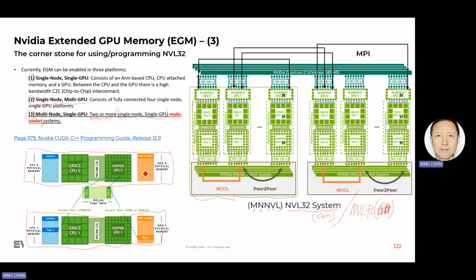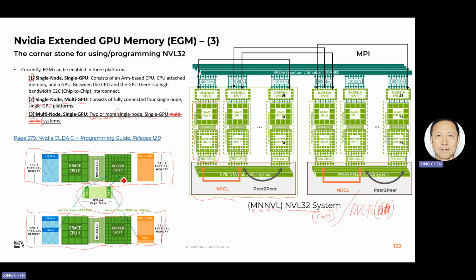But here, this document is showing us the same concept that for all the GPUs, because here you have 32 GPUs, you have a global NVLink page table, and this global NVLink page table could be consulted by, let's say, GPU 0.